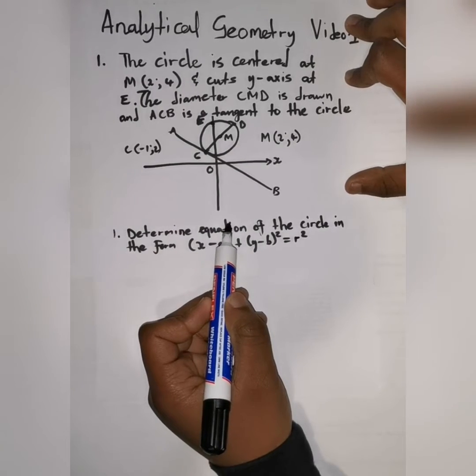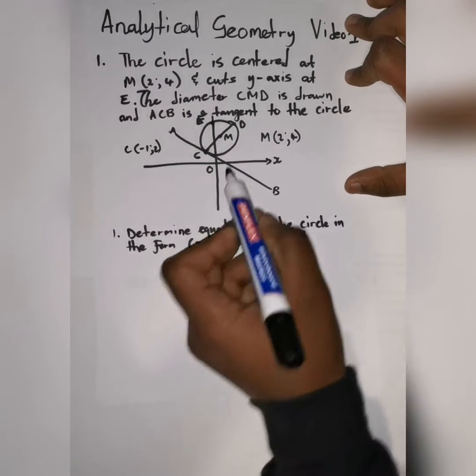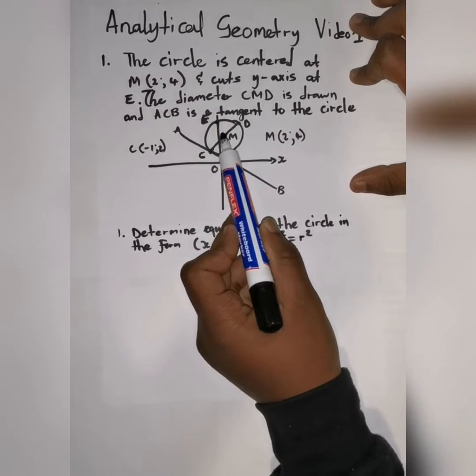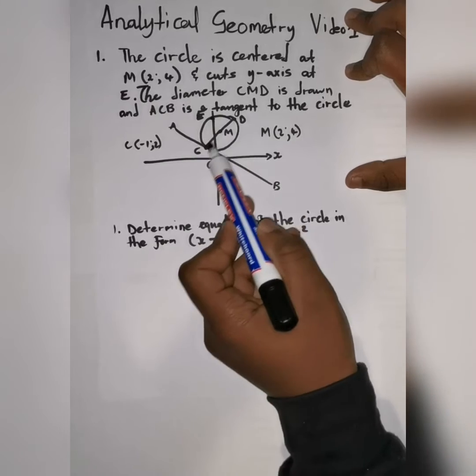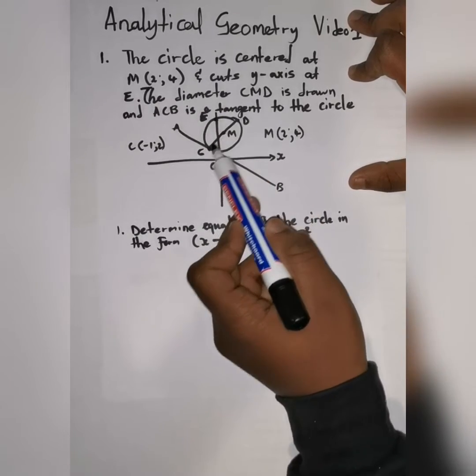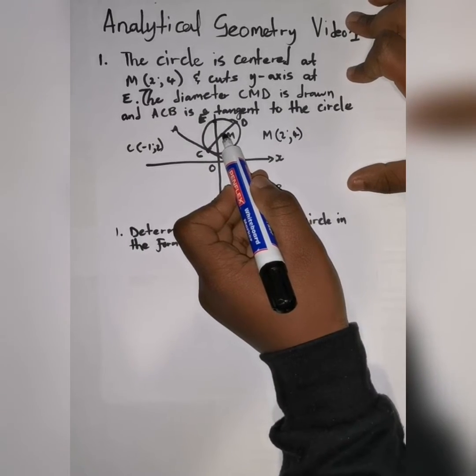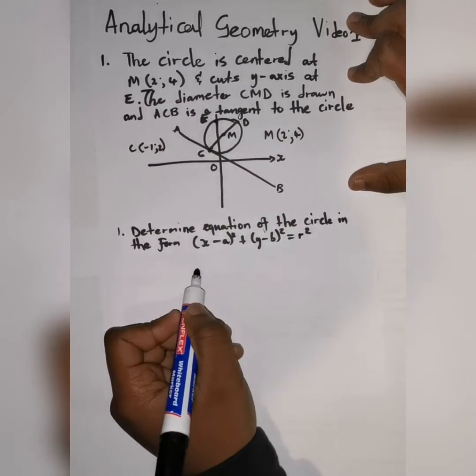It's the diameter. Since we know that CMD is the diameter and we have the points for C and M, this gives us our radius, because we were told that M is the center.